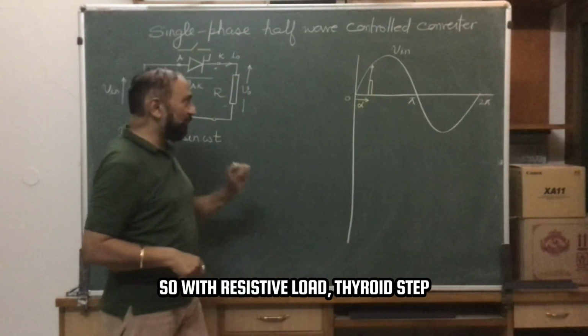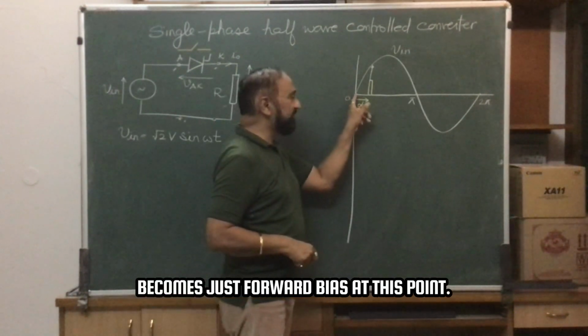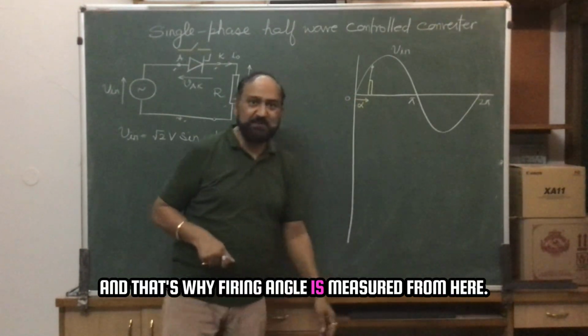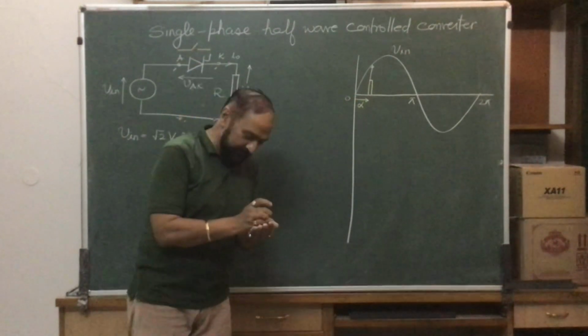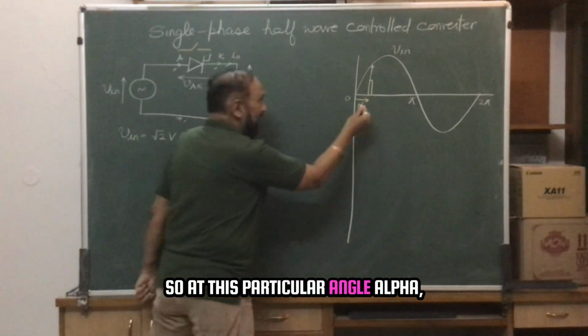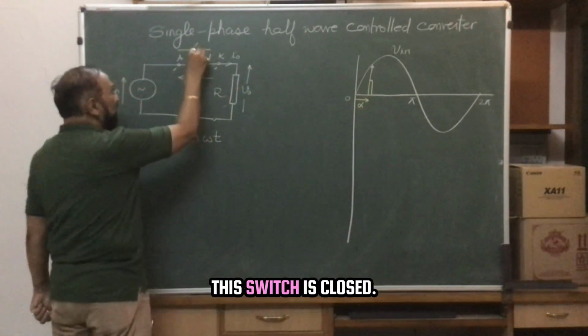So with resistive load, the thyristor becomes just forward biased at this point, and that's why firing angle is measured from here. So at this particular angle alpha, this switch is closed.